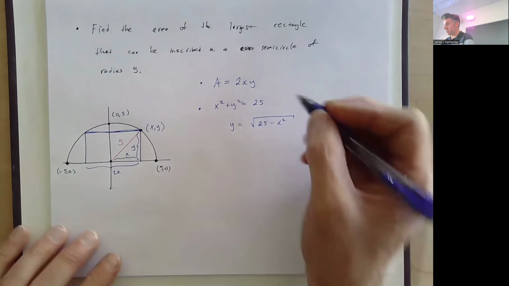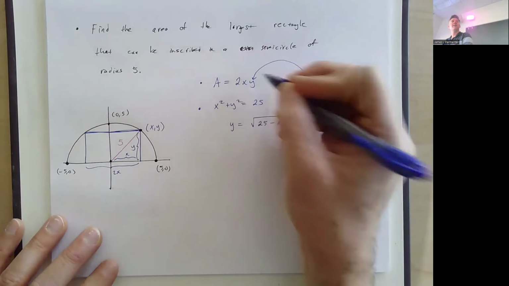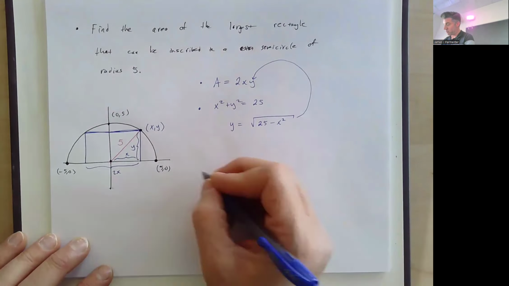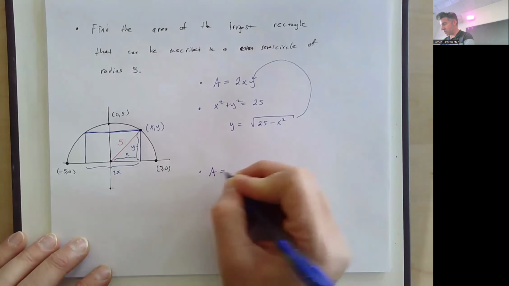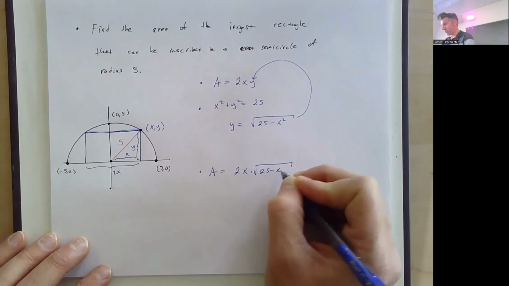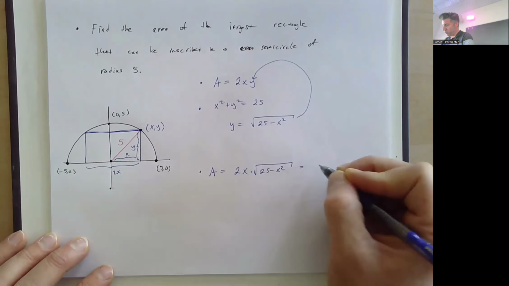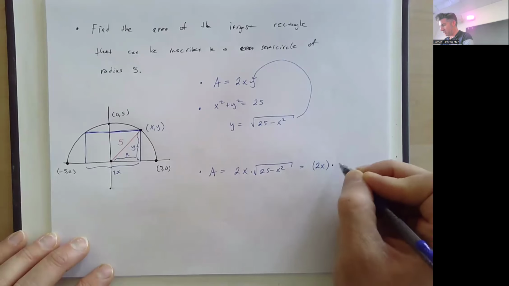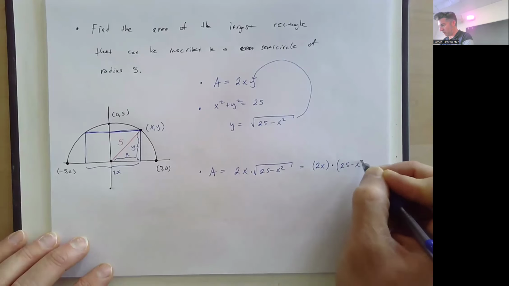So then I'm going to substitute that back in here to be able to write the thing I want to maximize as a function of one variable. So area is equal to 2 times x times the square root of 25 minus x squared. Or more nicely written so that we can differentiate it, 2x times (25 minus x squared) to the 1/2 power.